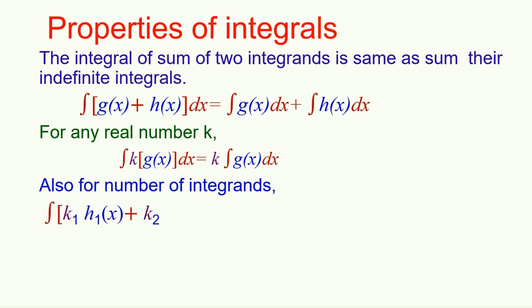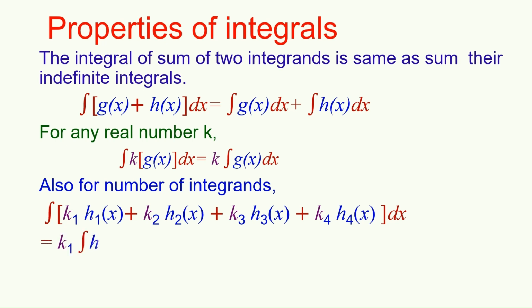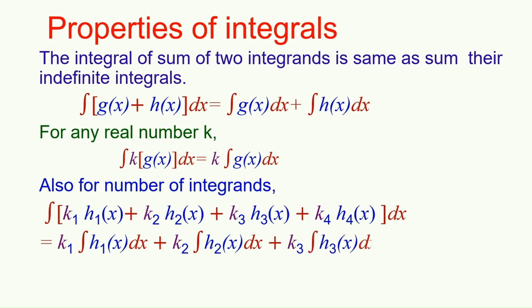Indefinite integral of k1 h1(x) plus k2 h2(x) plus k3 h3(x) plus k4 h4(x) dx equals k1 indefinite integral h1(x) dx plus k2 indefinite integral h2(x) dx plus k3 indefinite integral h3(x) dx plus k4 indefinite integral h4(x) dx.